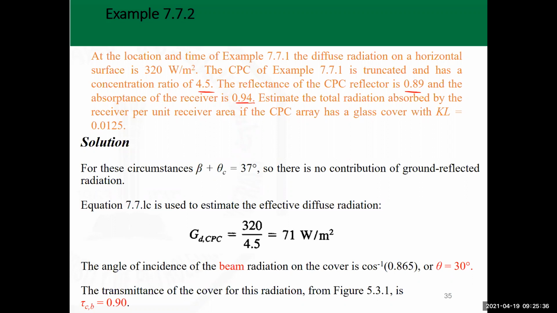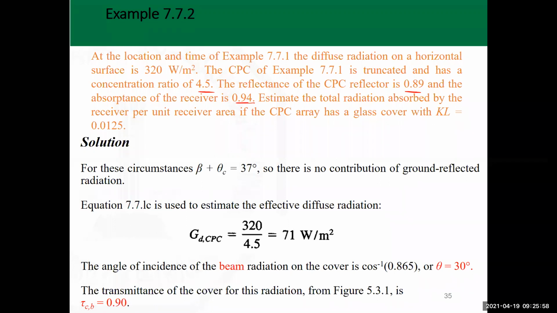So for the circumstances that we have, the value of beta plus theta c is equal to 37. If you remember, beta was 25 and theta c was 12. So beta plus theta c is given here. So there's no contribution of the ground reflected radiation, and that's something which is given in the conditions.